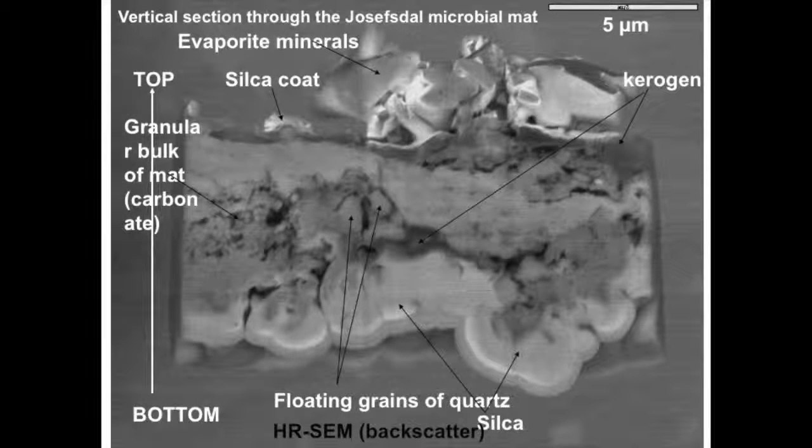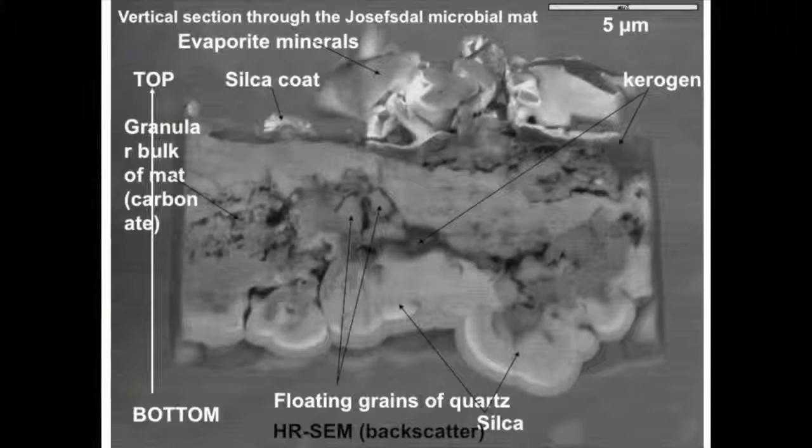We're looking at polymer, which is sticky, and detrital grains stick to it and are entrapped by it. So we can study what's happening here, and I'll show you the details in the next few slides: this top layer of pure kerogen that hasn't been calcified represents what was the original layer of living organisms.